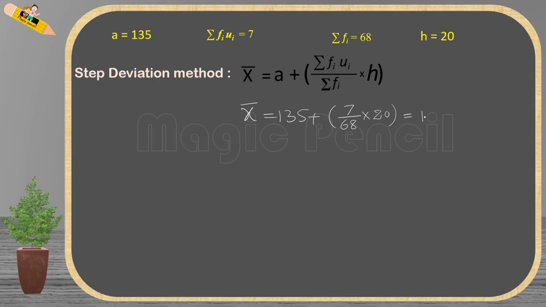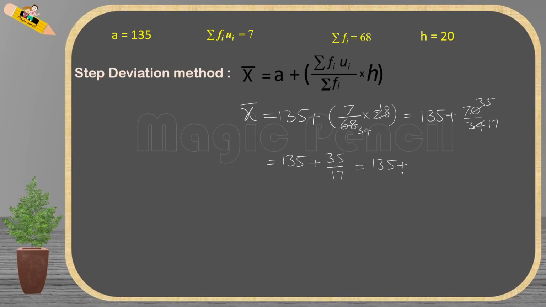So that is equal to 135 plus, 2 tens are 20, 2 thirty-fours are 68. So then you will have 7 into 10, 70, by 34. That is equal to 135 plus, again you can simplify it: 2 fives are 10, 2 seventeens are 34. So 35 by 17 we can write.